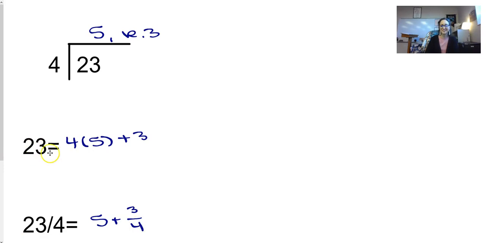So essentially your dividend can be rewritten as your divisor times your quotient plus your remainder. Or you can take your fraction form and write it as your quotient plus your remainder over your divisor, okay?